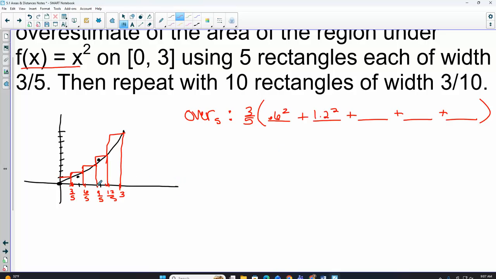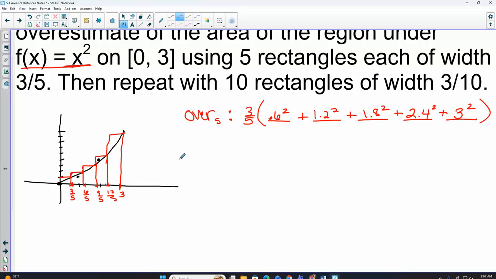The next one, I'm just adding my change in x. We're going up by 3/5 or 0.6 every time. So what's the next x value we would plug in? The next one? And the last one? And those are squared because my equation was x squared, right? We're measuring the y value of that curve at those points.